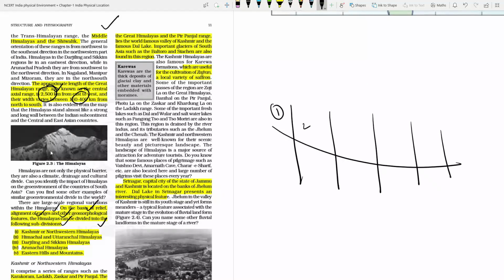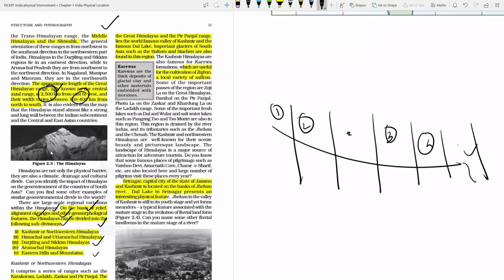Then second one is Himachal Himalayas. Third one here we can say is the Darjeeling or Sikkim Himalayas. Fourth one we can say is the Arunachal Himalayas, and fifth one, the last one, we can say the Eastern Himalayas, right, which will go down from there, that is Eastern Himalayas. So in this way you can have the divisions of this Himalayas.